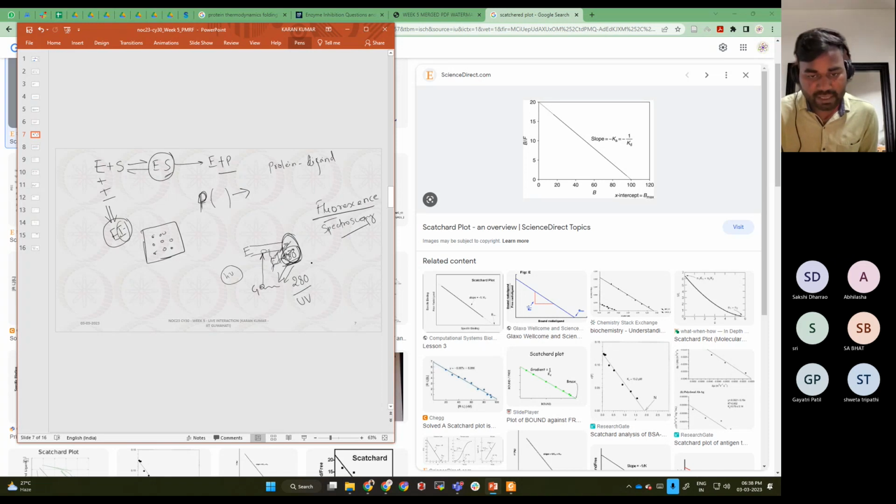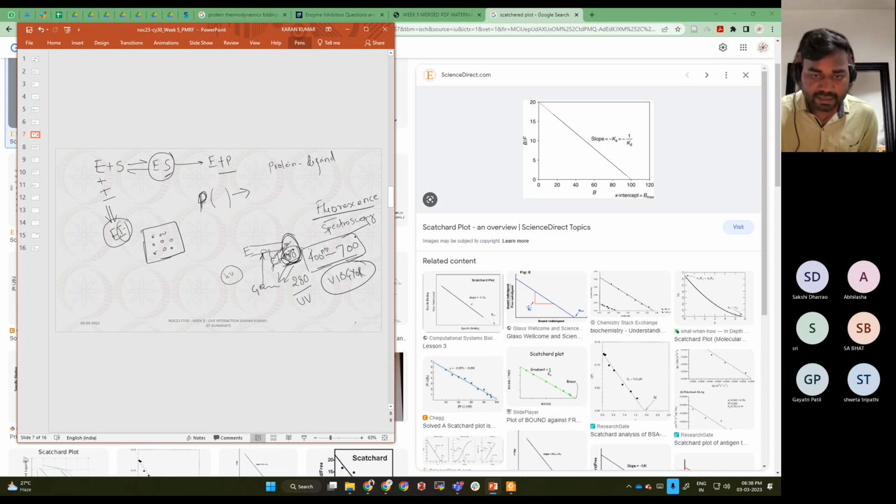If it is in the visible range, which is 400 to 700 nanometer, then you can see it through your naked eye, because our eye can see this light in the electromagnetic spectrum from 400 to 700 nanometer.